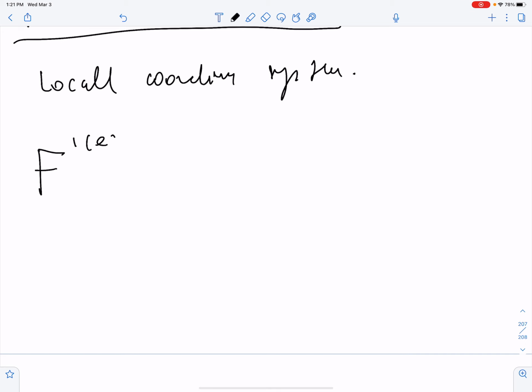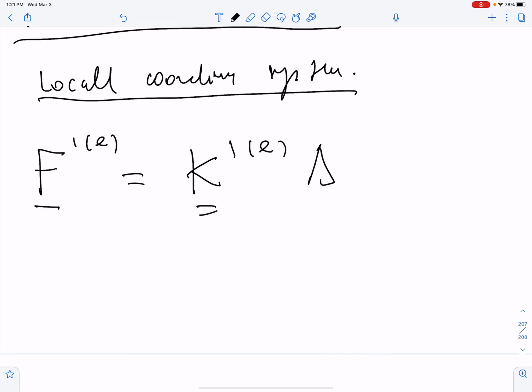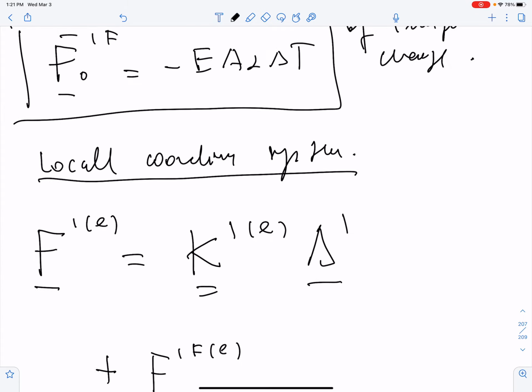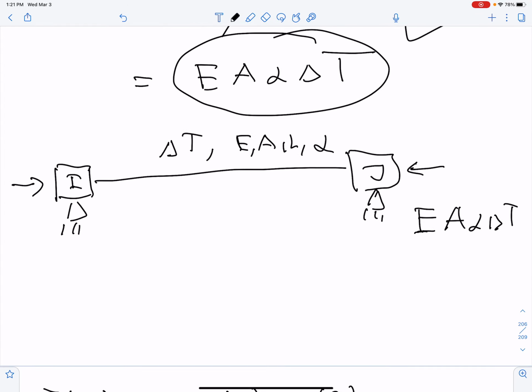F prime for element E, the vector in the local coordinate system, is obtained by taking kappa prime for element E multiplying by delta prime, which will be forces that are coming from end node displacements in a local coordinate system, plus F prime F for element E, and then F prime F for element E for the case of the application of the temperature change, you look up, and you directly read it off of this force diagram.